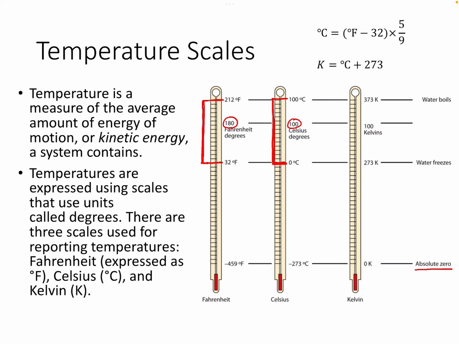And absolute zero is a state where nothing is moving at all. Everything is completely frozen. Now, this is a somewhat hypothetical situation. So absolute zero might not actually be able to exist, but if it did, absolute zero in the Kelvin scale is 0 Kelvin, which makes sense. In Celsius, it's negative 273, and in Fahrenheit, it's negative 459.